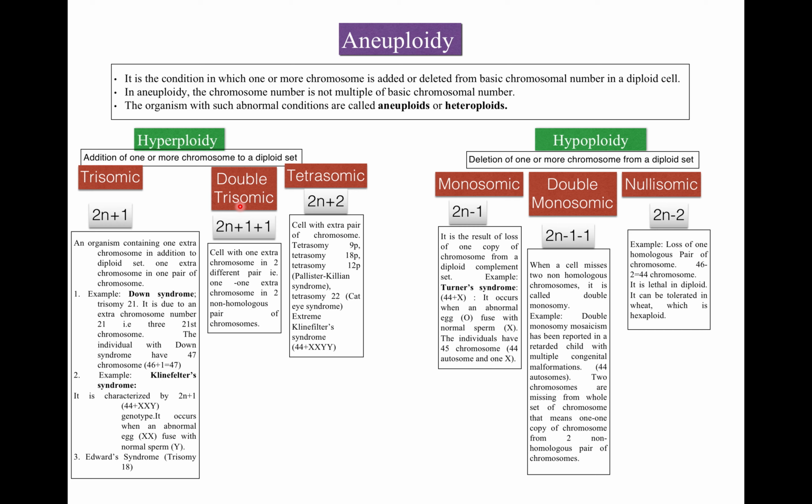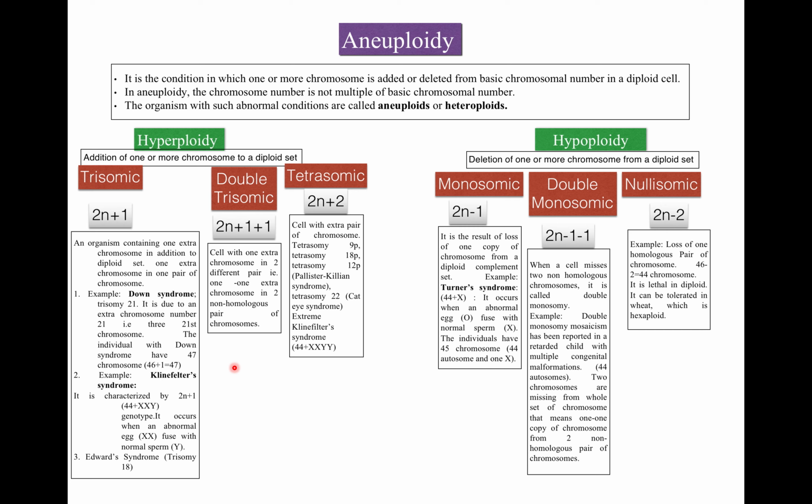Then double trisomic, that is 2n plus 1 plus 1, means 46 plus 1 plus 1. If a cell contains one extra chromosome in two different pairs, that is one extra chromosome in two non-homologous pairs of chromosomes. For example, if there is an extra chromosome at the 22nd position, so 3 22nd chromosomes.